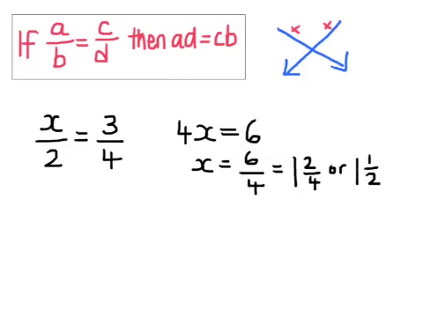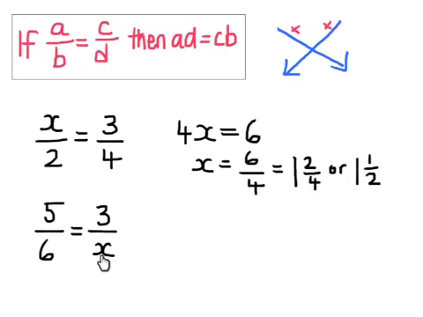Okay, let's look at a second example now. If we consider the example 5 over 6 equals 3 over x. Again, it looks slightly different because the x is in a different position, but we can apply exactly the same rules as before.